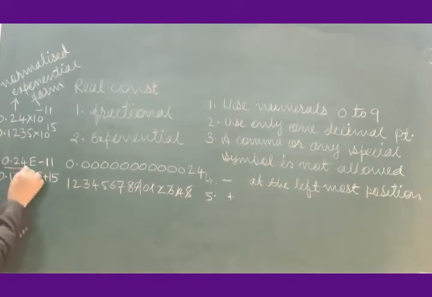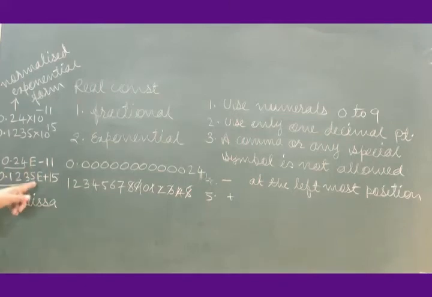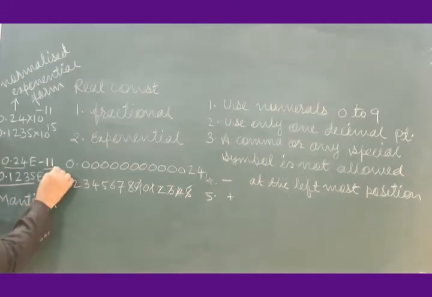The part before E is known as mantissa, capital E for exponentiation, and the second part is known as exponent.